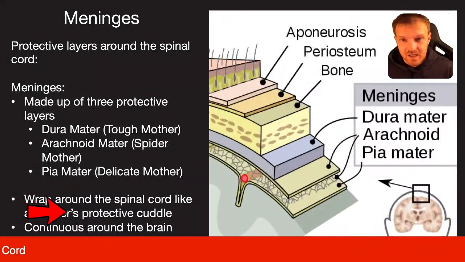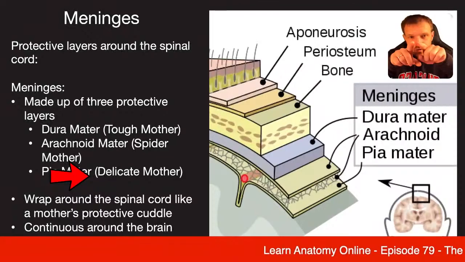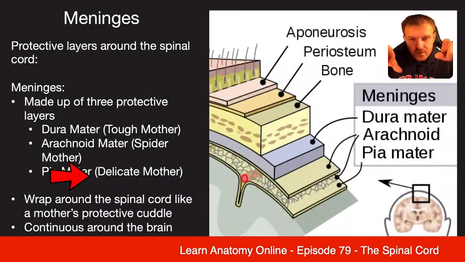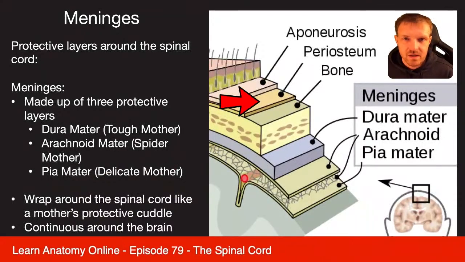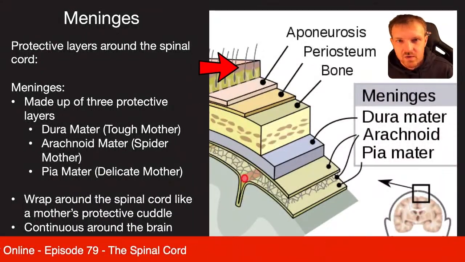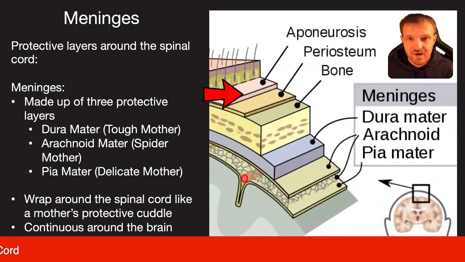Like a mother's protective cuddle, but they're also continuous around the brain. So as they come all the way up the spinal cord, they also then wrap around the brain, and you have meningeal layers around the brain as well. So if we have a look at this image here, you've got an aponeurosis, so a flat tendon.